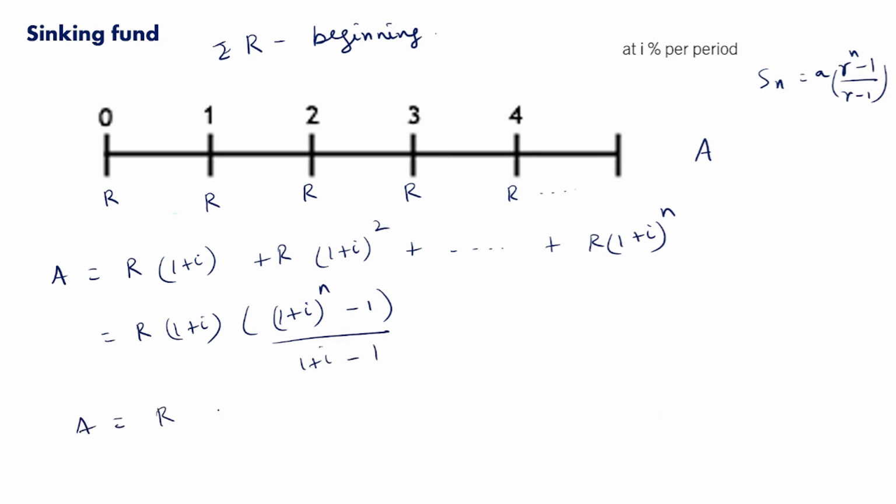So we have A is equal to R into (1 plus i) into ((1 plus i) the whole raised to n minus 1) upon i. This is how we can find R when the accumulated amount is given, using this relation. Now we will see the formula in detail.